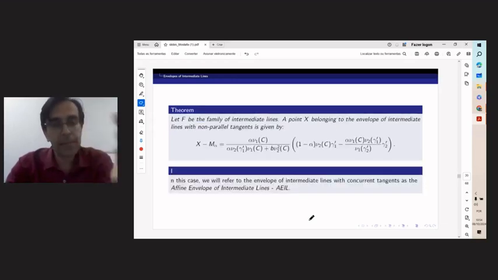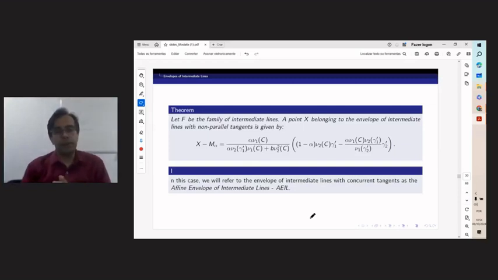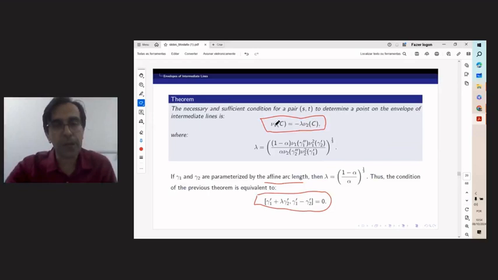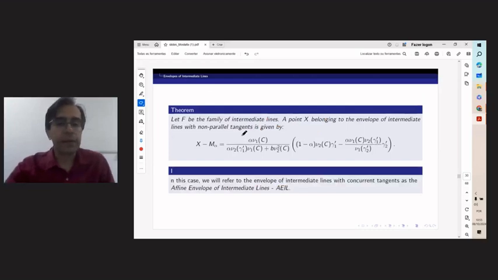Now, considering this relation between conormals nu1 and nu2, we can calculate the envelope.